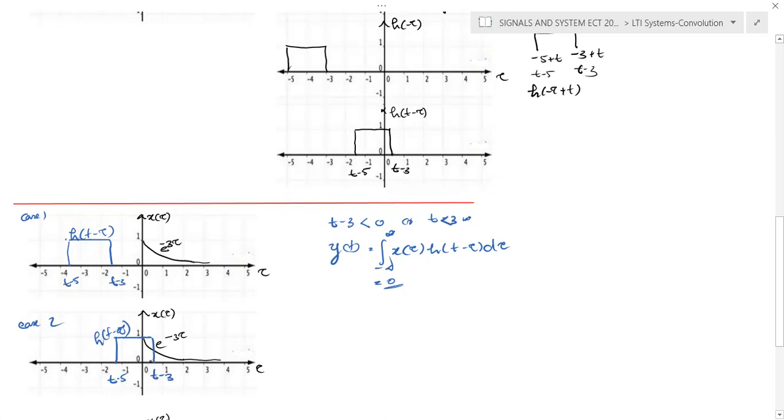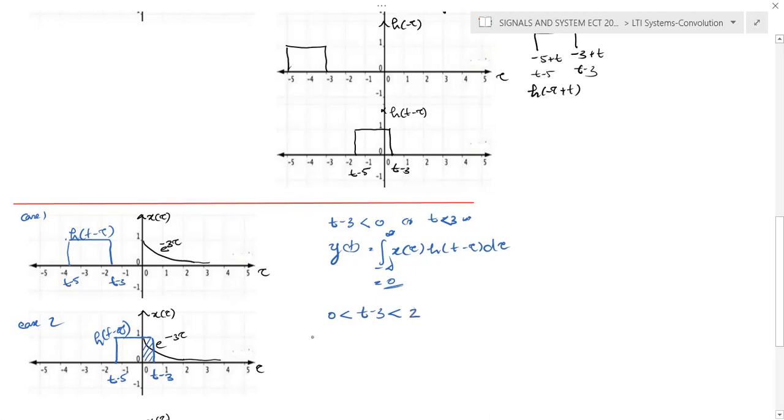If you observe this particular waveform, you can see some shaded region, and this is a common area. In this region, t minus 3 is greater than 0, and the shape of the waveform is constant for the 2 units from t minus 3 to t minus 5. This is 2 units.